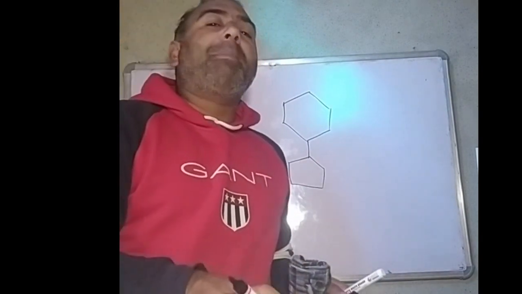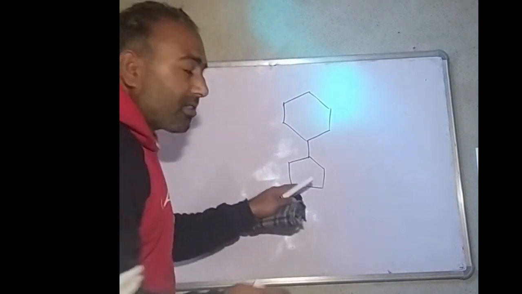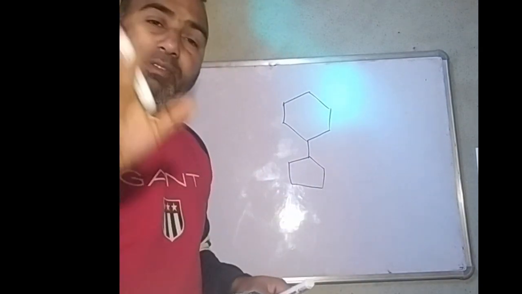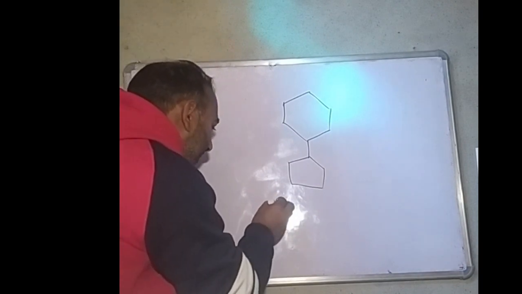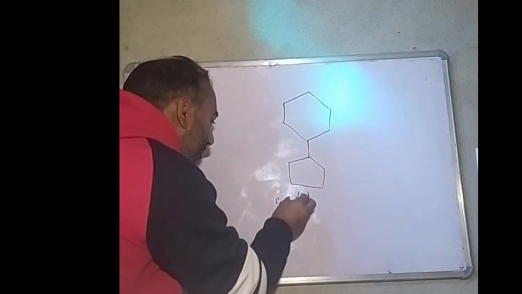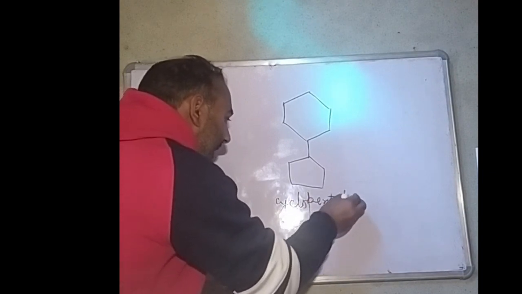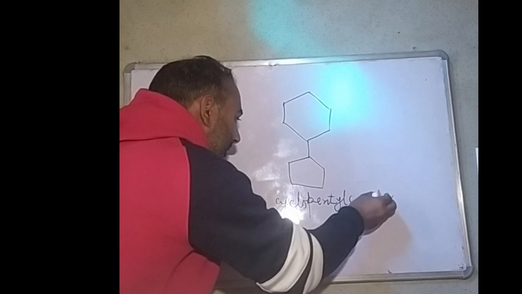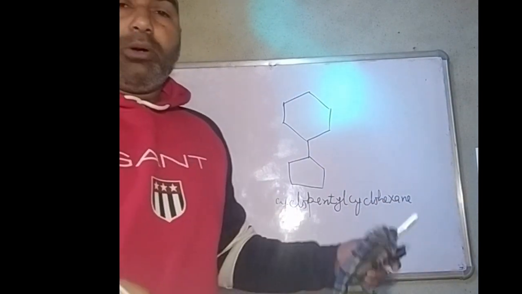Now 5 carbon ring will become a substituent. So it is cyclopentane, it will become a substituent. So cyclopentyl, then cyclohexane. Make note of this.